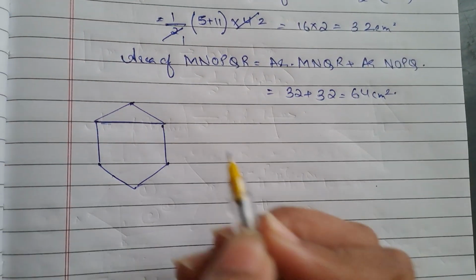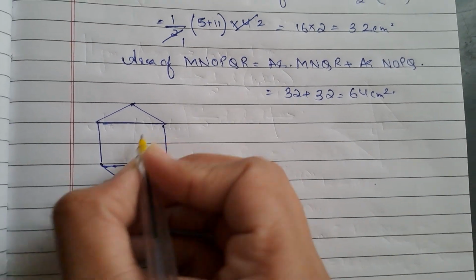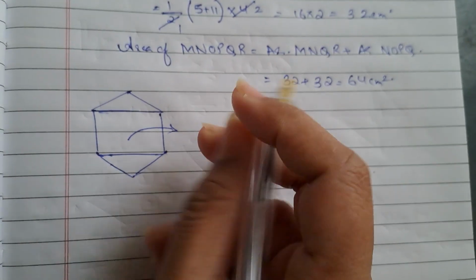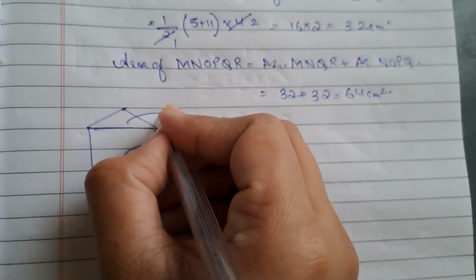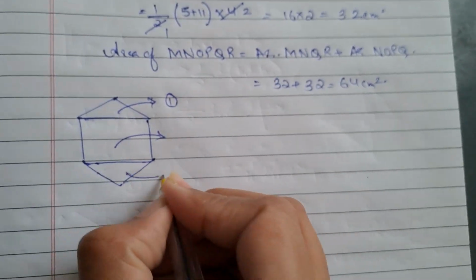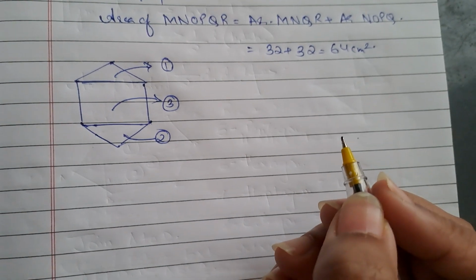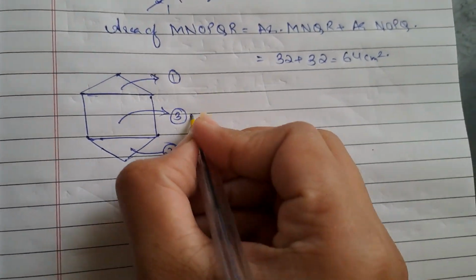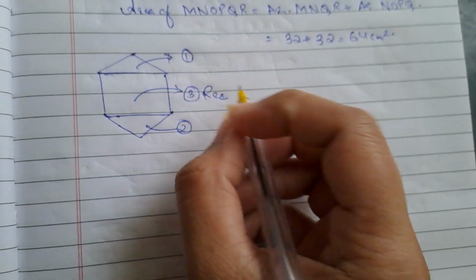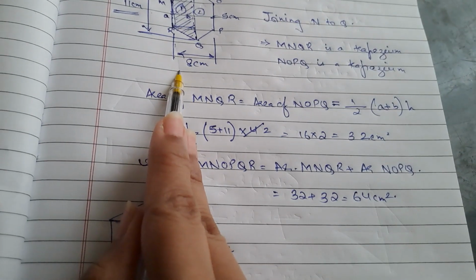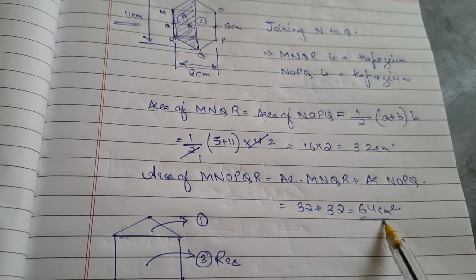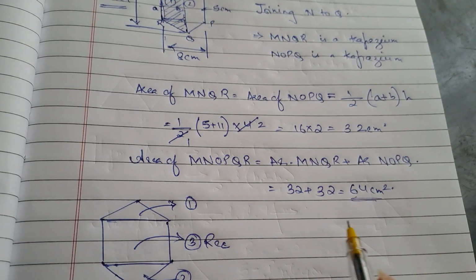You divide it into a quadrilateral, a triangle 1 and a triangle 2. These are the 3 shapes you get. So this will be a rectangle, and whether you use this method or that method, the answer is still going to be 64. You can try this out and let me know.